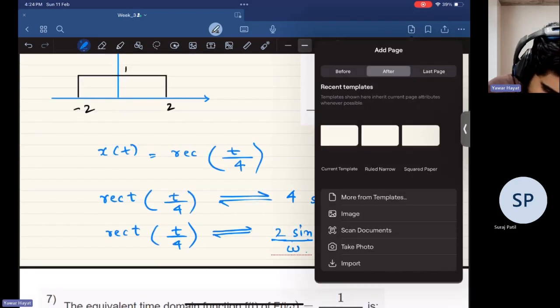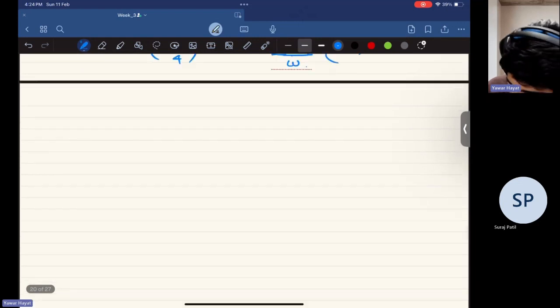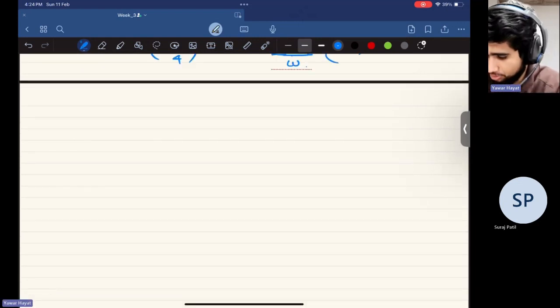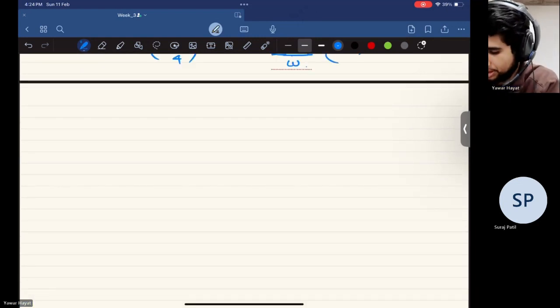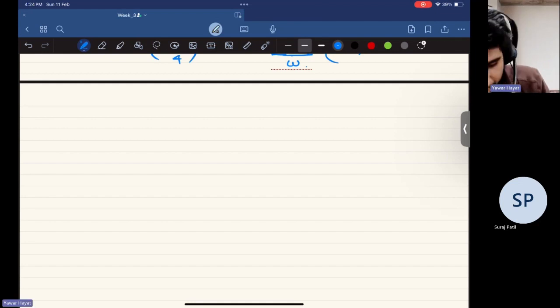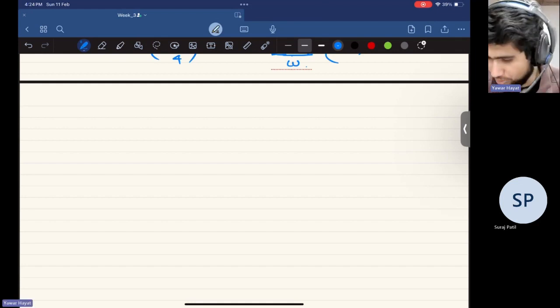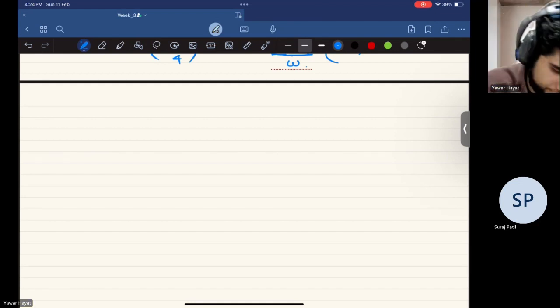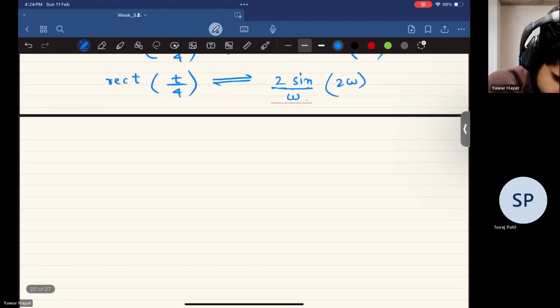So let me briefly give an outline of how you can do this problem alternatively. The alternate method to tackle such a problem is as follows.